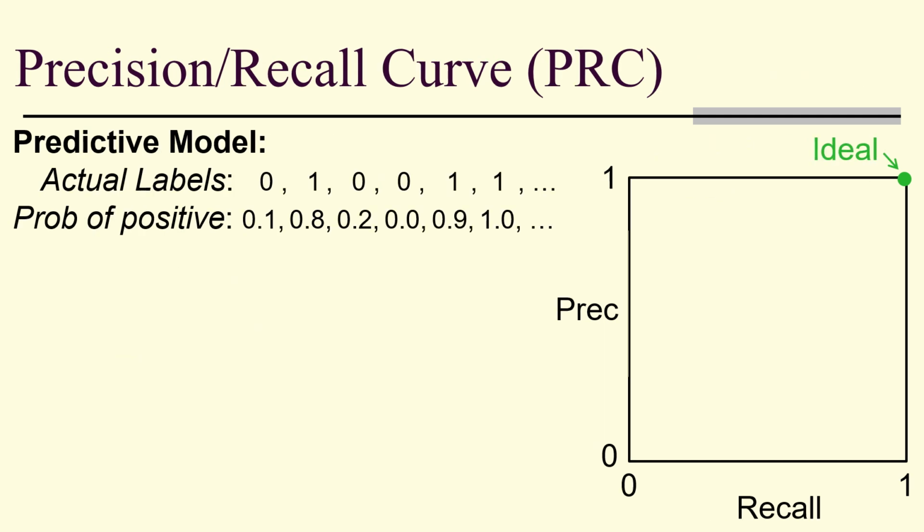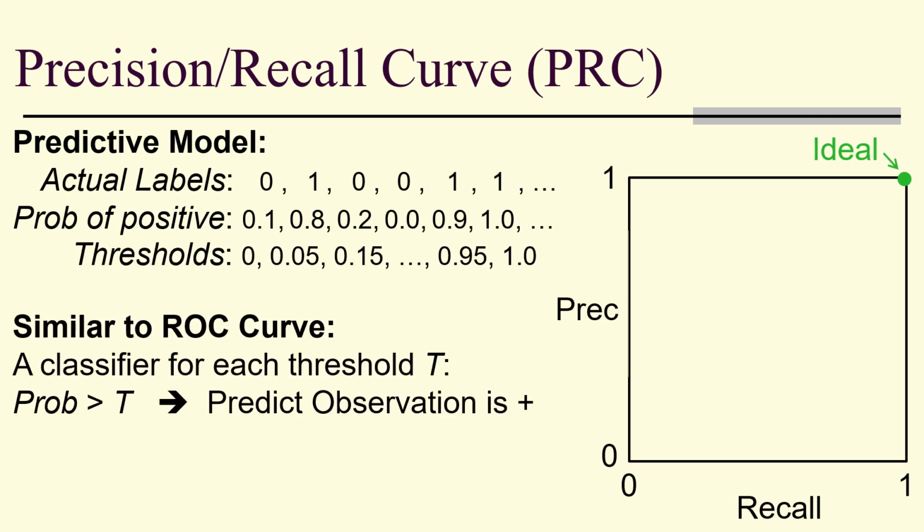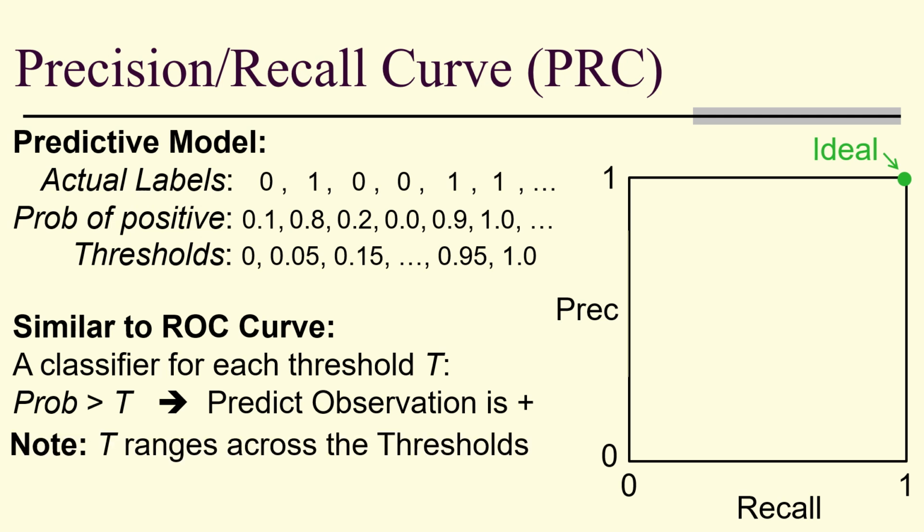Now we can also do this with a threshold. Here are our actual labels, and here is the probability that they are positive. And here are thresholds. So similar to the ROC curve, for each threshold t, a probability greater than t means you predict the observation is positive.